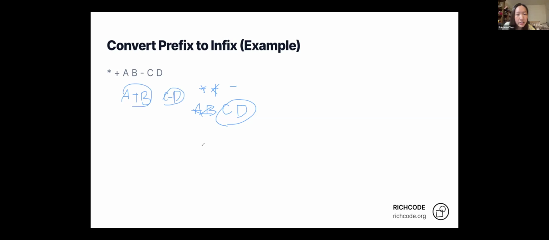So we add these two to the stack, and there will be two more operands in the stack, and then a times. So this turns into A plus B times C minus D. Are there any questions about this problem? No questions? Okay, let's continue.